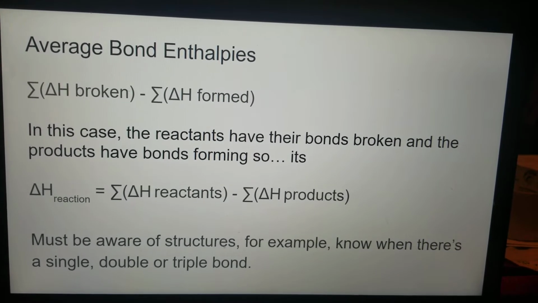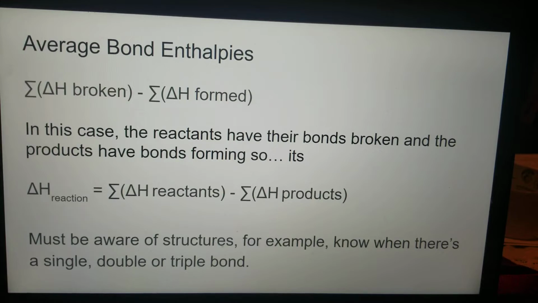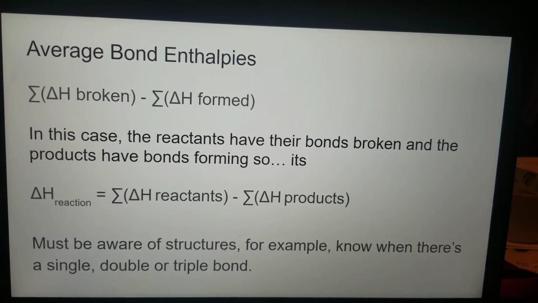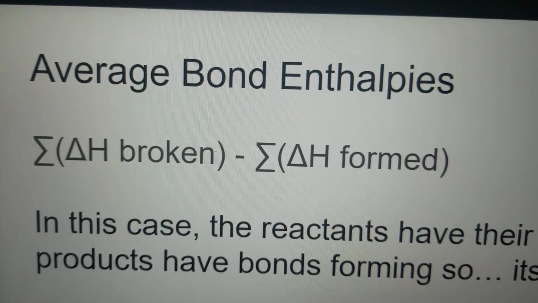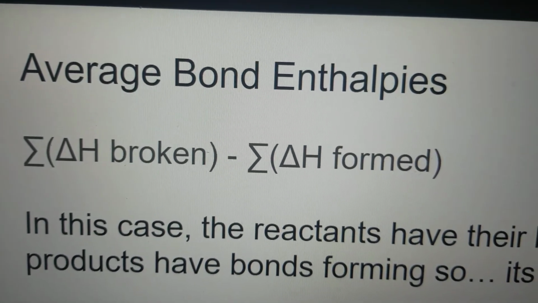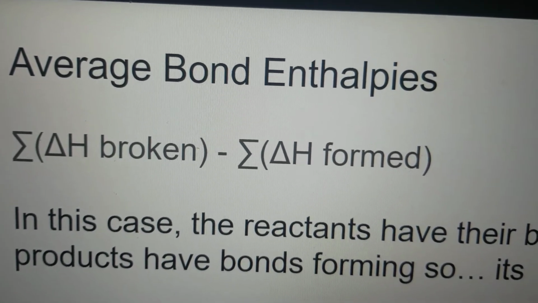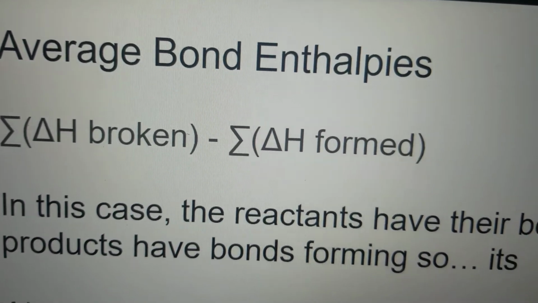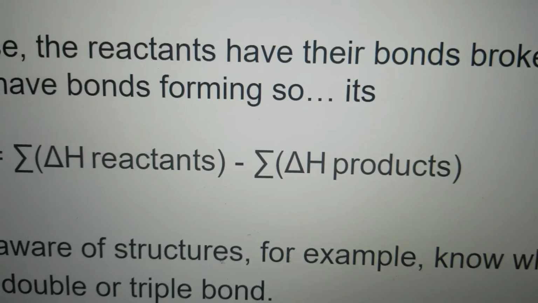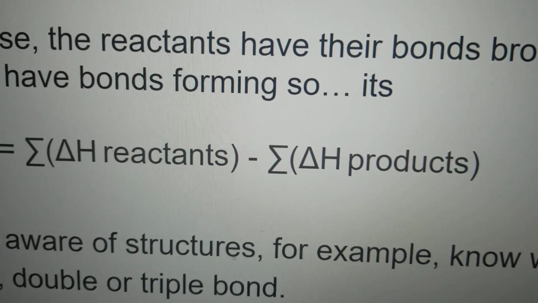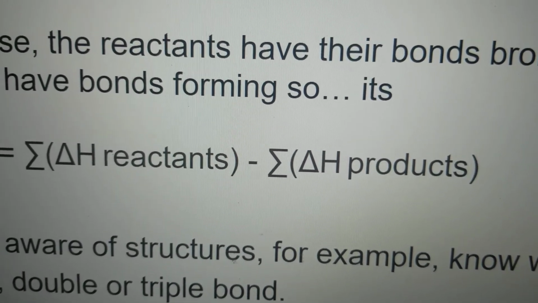The broken bonds belong to the reactants, and the formed bonds belong to the products. So this sum of delta H of the broken bonds minus the sum of the delta H's of the formed bonds is the same as the sum of the delta H of the reactants minus the sum of the delta H of the products. So what does that mean?